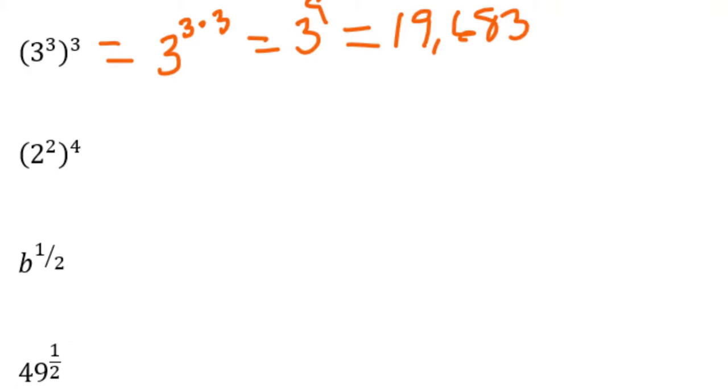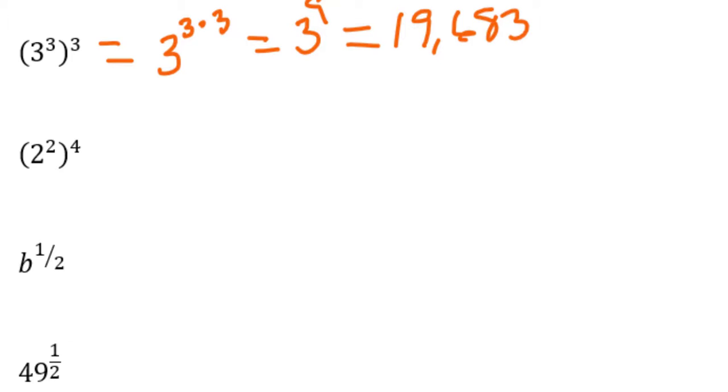So the principle I want you to understand is that when you have a base raised to a power, and that whole thing is raised to a power, you multiply both exponents together to get 3 to the power of 9 in this case.